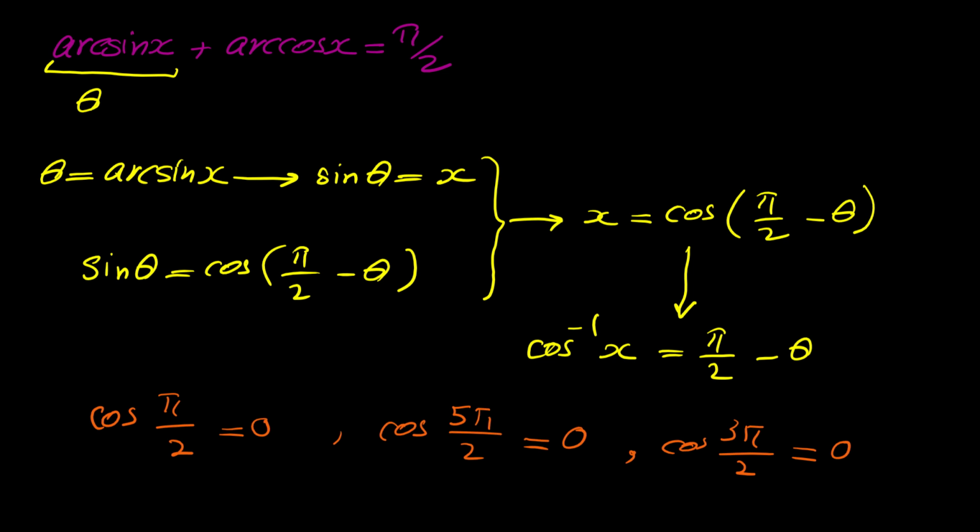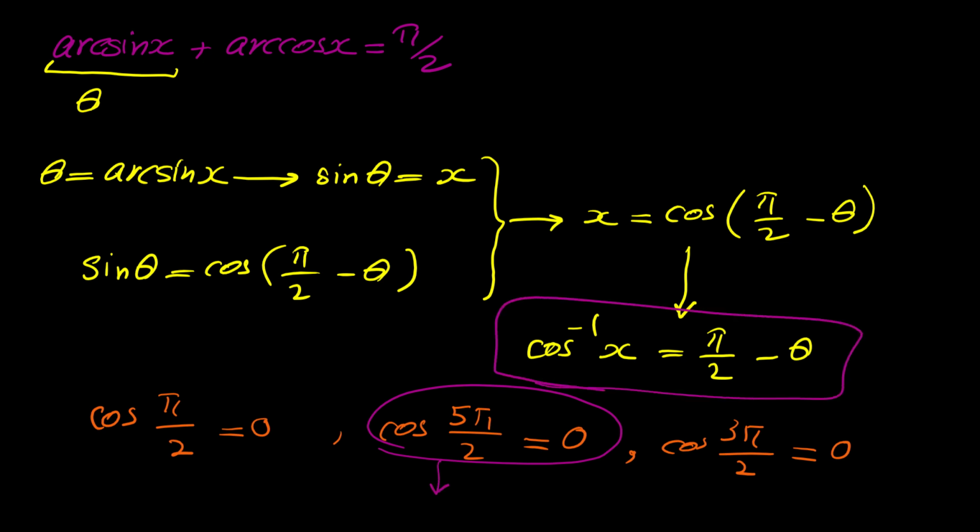If, for example, from this relation we write that cosine inverse of this number is equal to this, is this right? No. Cosine inverse of 0 is 5 pi over 2? No, it's not.